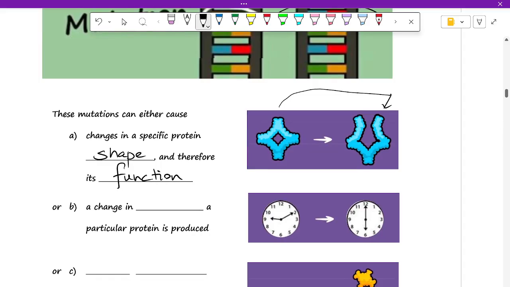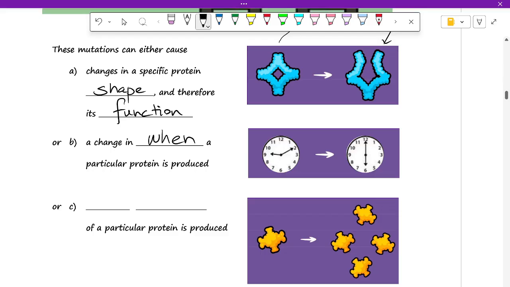Or, what is this little clock representing? We can change when a particular protein is produced. That's okay. I know, it's so weird. It's so strange to me that lots of people don't use clocks.